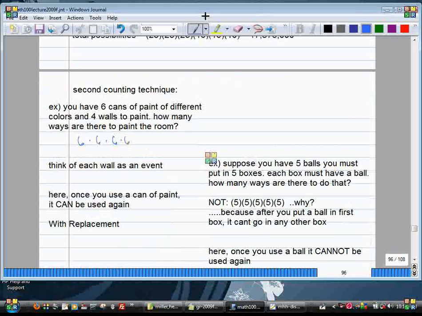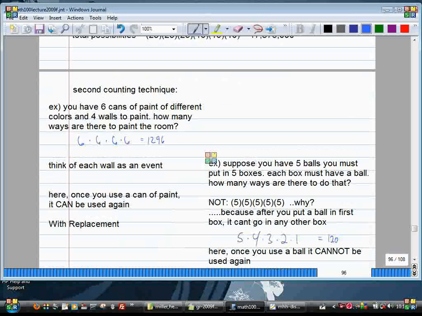Okay. So this is going to be 5 times 4 times 3 times 2 times 1. And that does work out to 120. And I should say the first one works out to 1296. Okay. So these 2 different sorts of scenarios have different names.